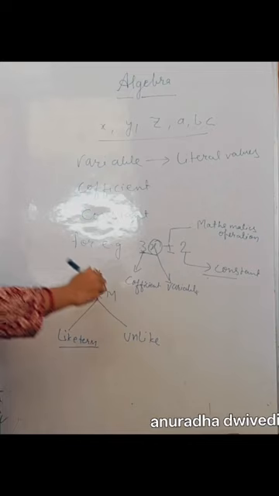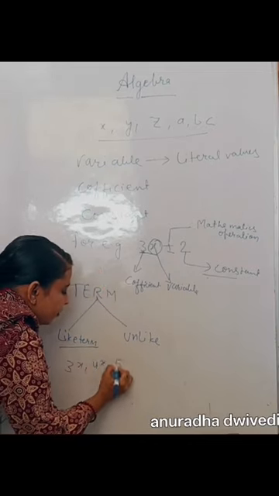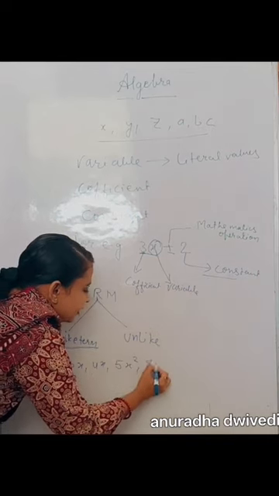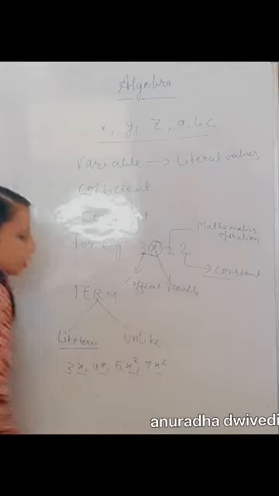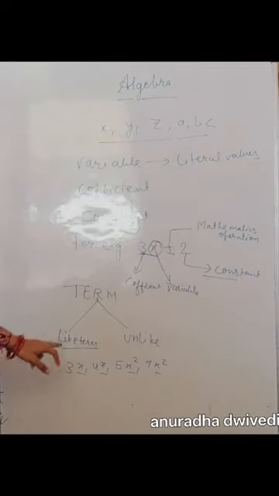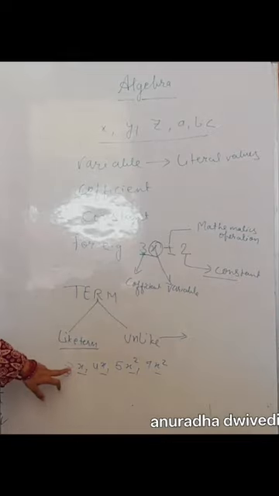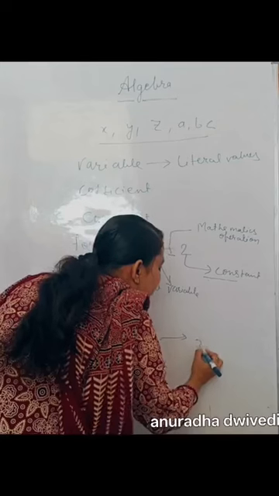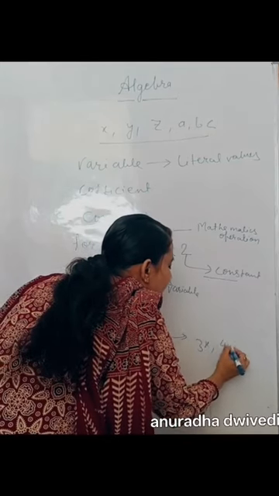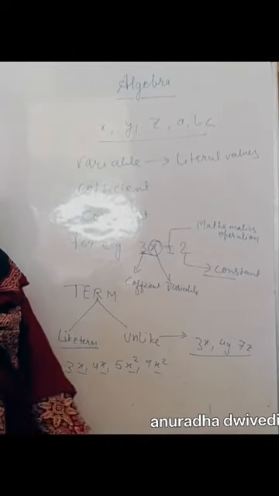For example, 3x, 4x, 5x square, 7x square, all the variables are the same. These are called like terms. Now what is an unlike term? When all the variables are different. For example, 3x, 4y, 7z, these are called unlike terms.